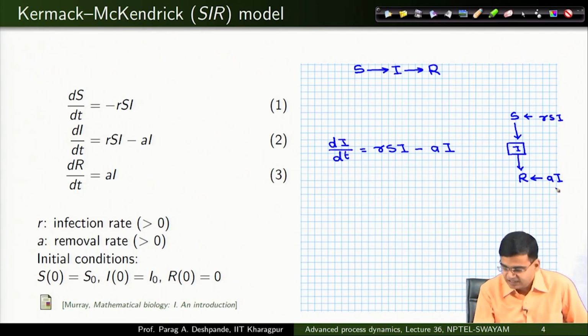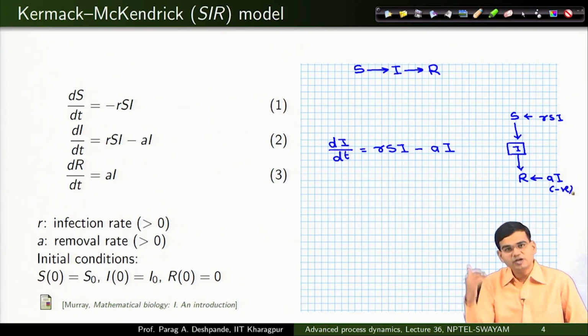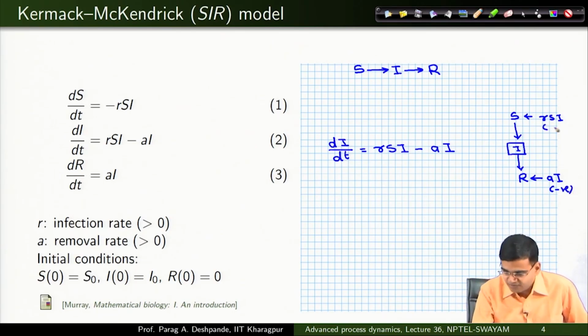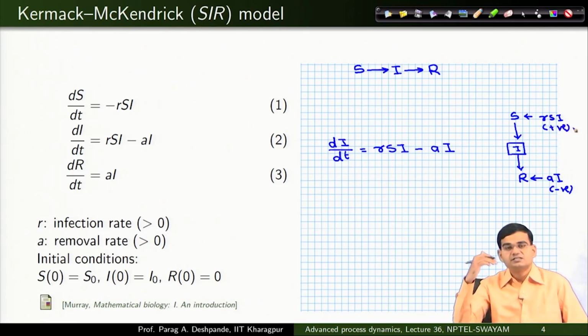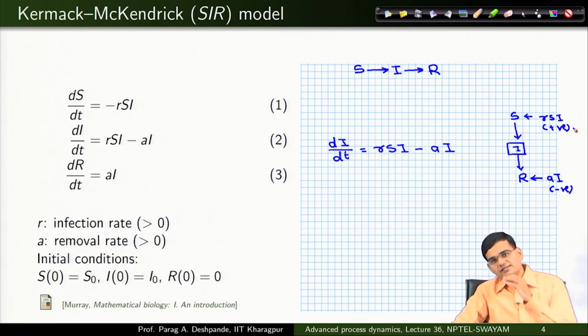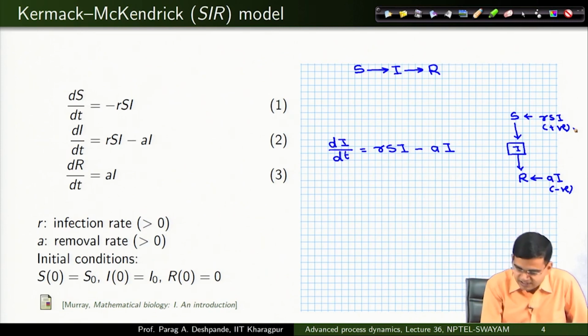A I would be negative because I is going to R, and R S I would be positive because S is going to I.